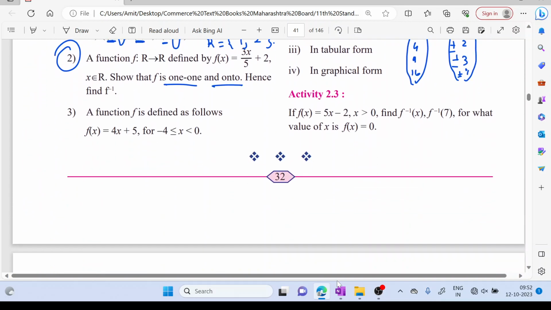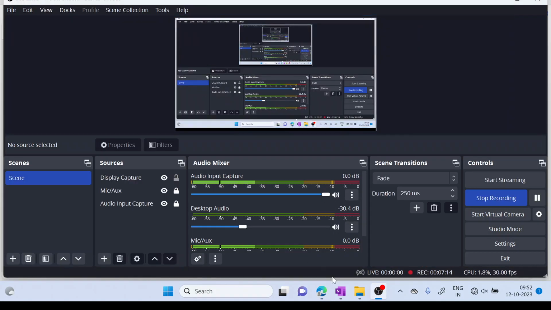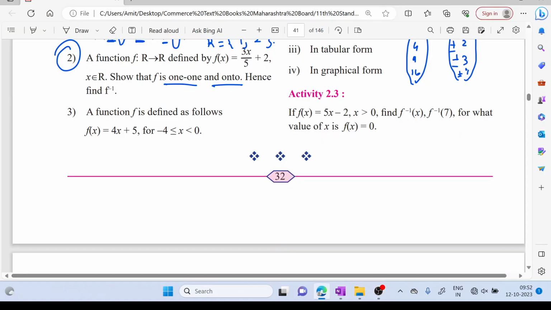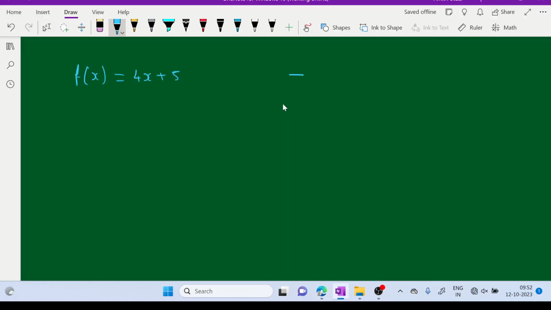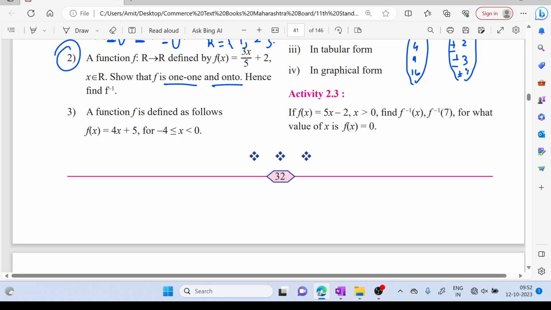So the first value you have to find is f of minus 1. F of x is defined as 4x plus 5, and the interval is between minus 4 to 0. As long as x is between minus 4 to 0, the function is defined as f of x is equal to 4x plus 5.